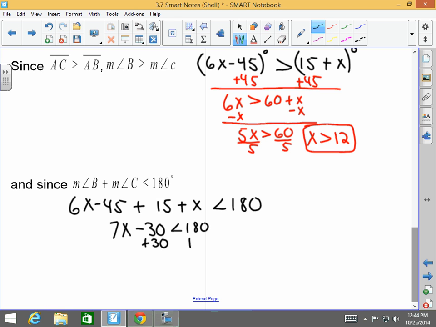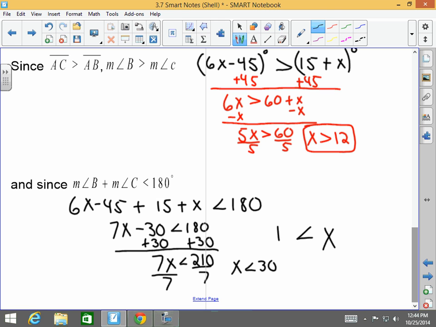Add 30 to both sides. That gives me that 7x is less than 210. Divided by 7, x would be less than 30. So therefore, x must be greater than 12, but less than 30.